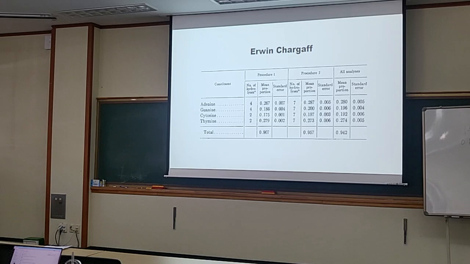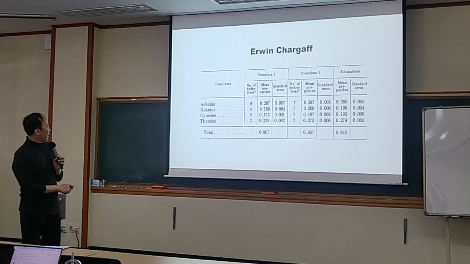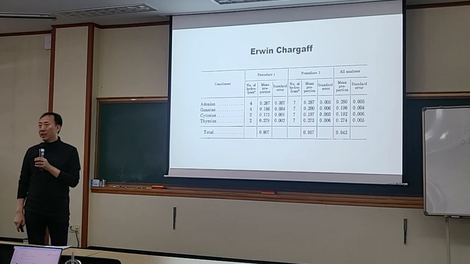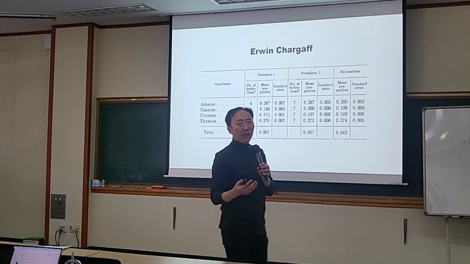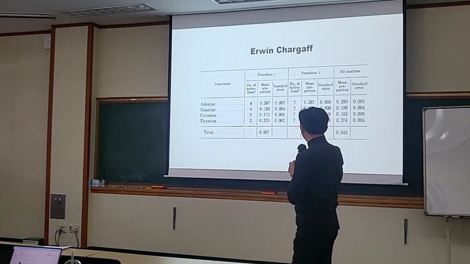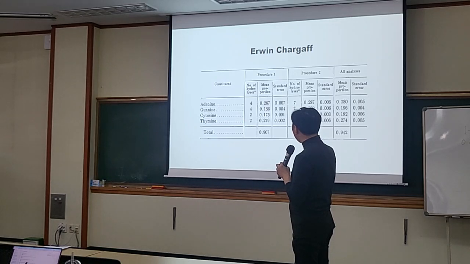When the DNA was analyzed before Watson and Crick came to the picture, this person, Erwin Chargaff, analyzed the relative amount of A, T, C, G, at least the bases that they knew at the moment. DNA is composed of 4 bases. Whenever they compared different samples of DNA, A and T had the same proportion, and C and G had the same proportion.